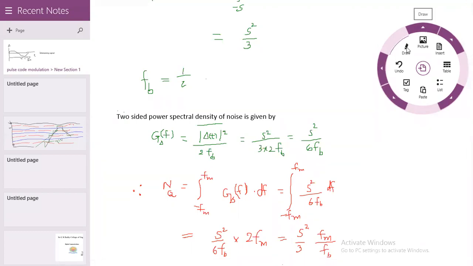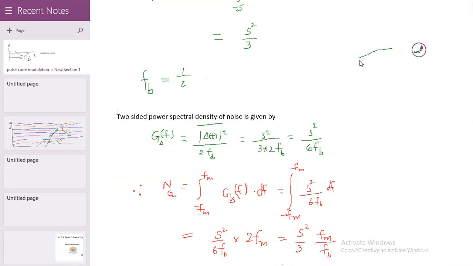The low pass filter allows low frequency signals from -FM to +FM.